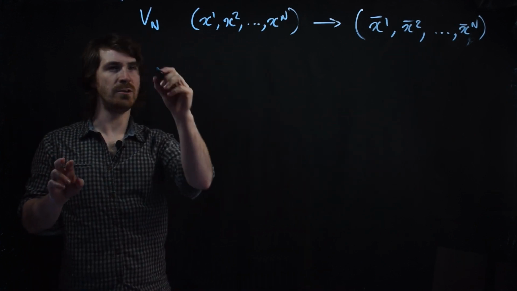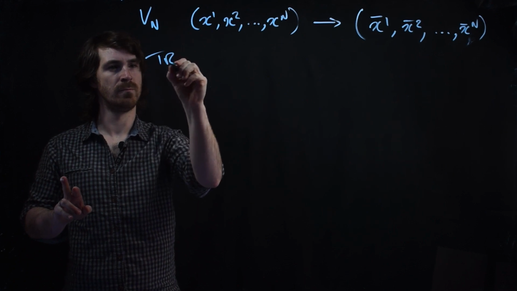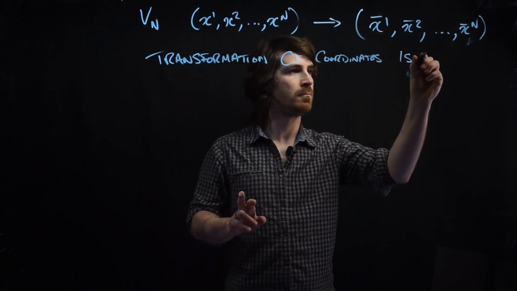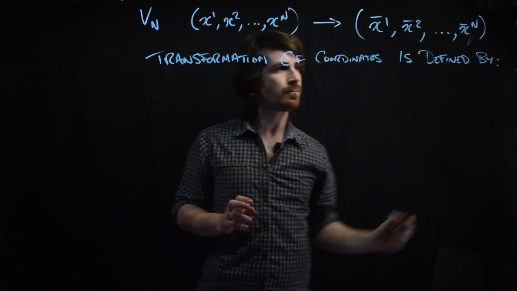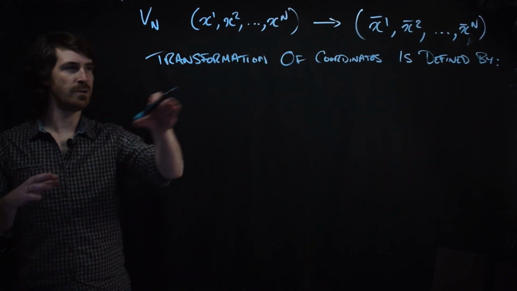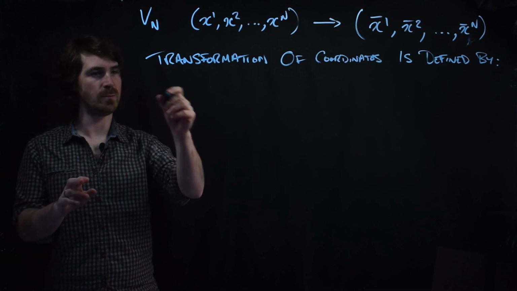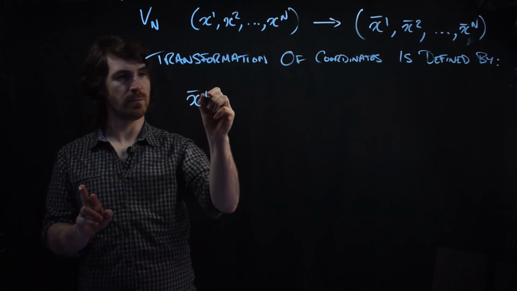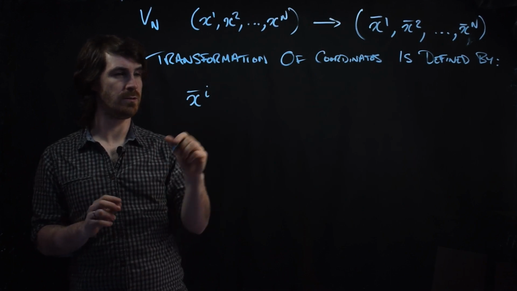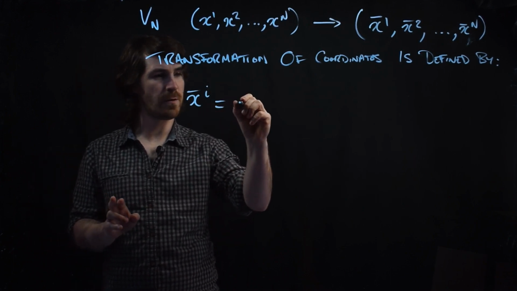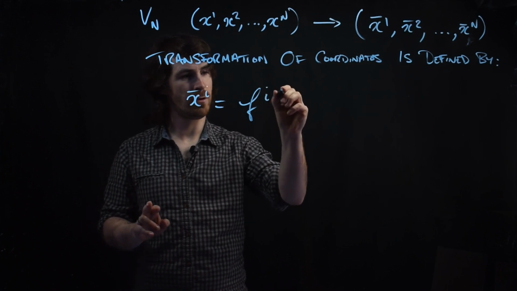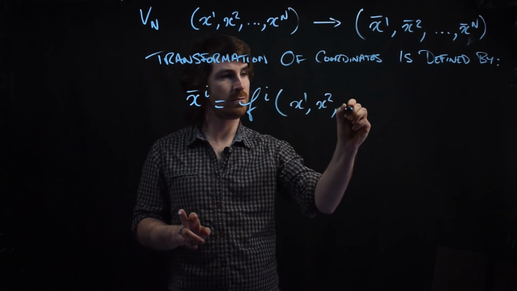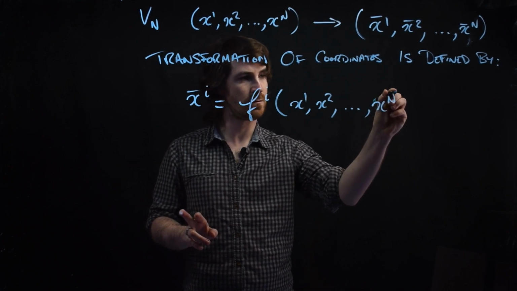So the transformation that we're considering is defined by the new coordinates x bar, so the ith coordinate in this new system, is a function of all the old coordinates, x1, x2 to xn.